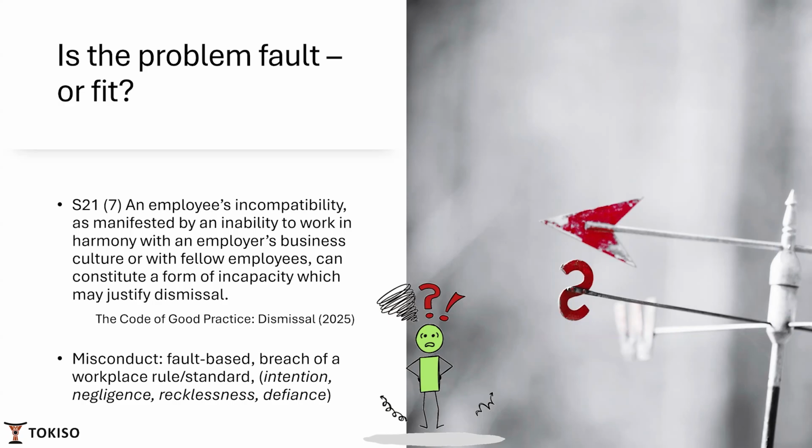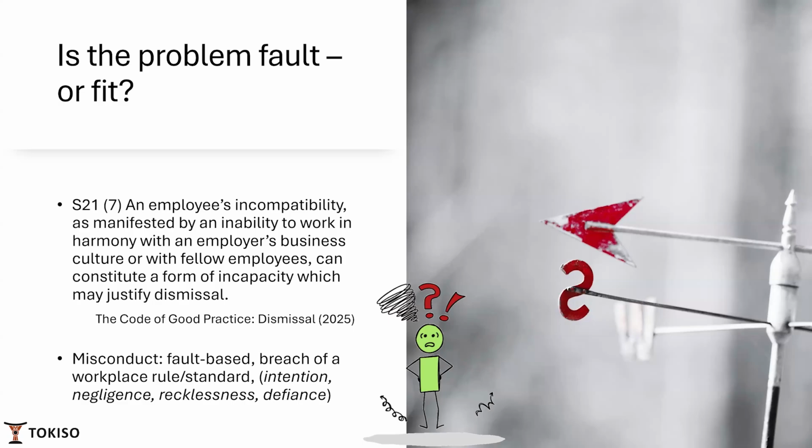In the Code, Section 21.7 says that an employee's incompatibility, as manifested by an inability to work in harmony with the employer's business culture or with fellow employees, can constitute a form of incapacity which may justify dismissal.